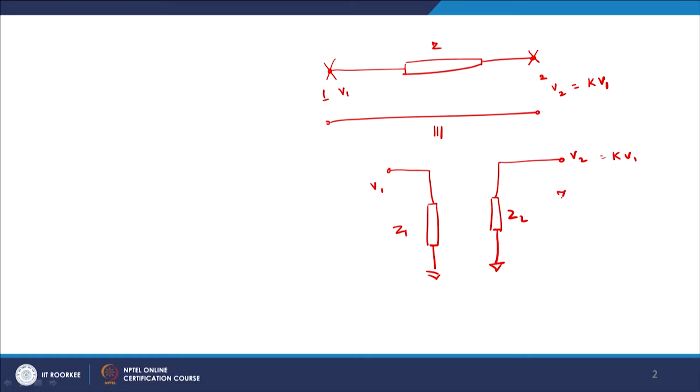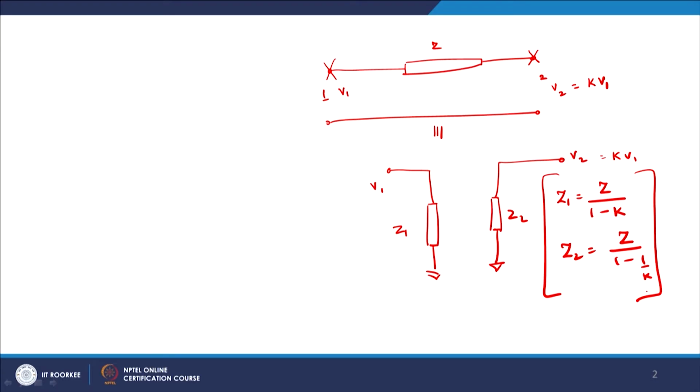We can write Z1 equals Z over 1 minus K and Z2 equals Z over 1 minus 1 by K. A formal proof at this stage is beyond the scope of this course, but this is how it works out, which means that if I ground those two capacitances I get it.